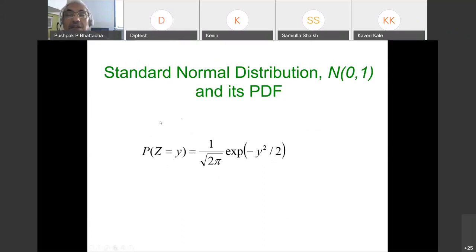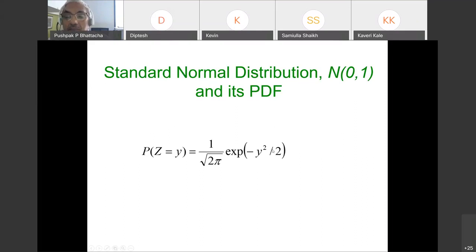Now let us look at the moment generating function of the standard normal distribution. For the standard normal distribution, the mean is 0 and the standard deviation is 1. The PDF is 1 by root 2 pi e to the power minus y square by 2.